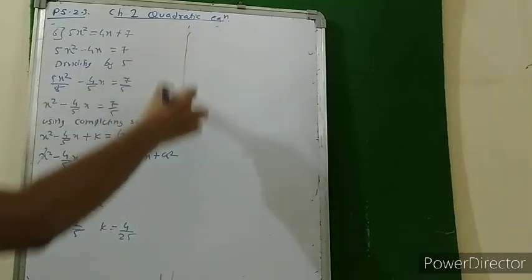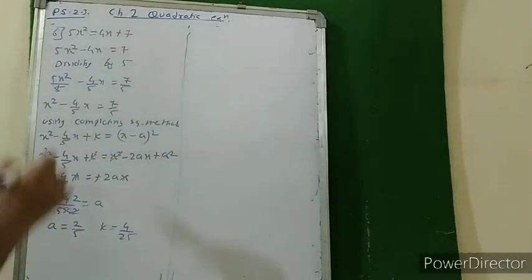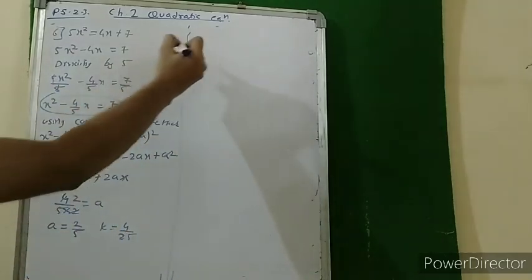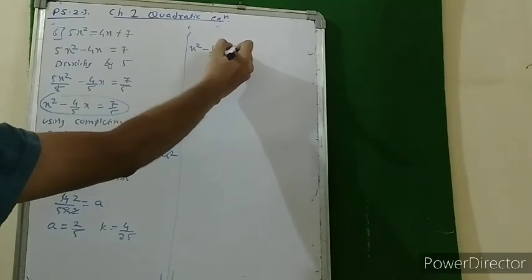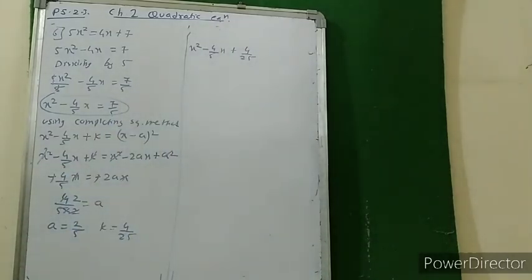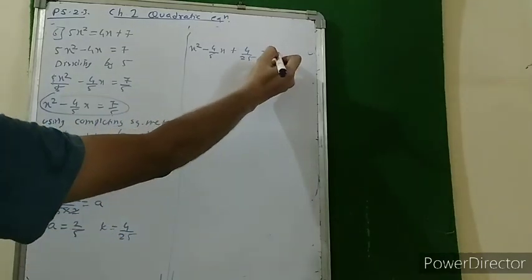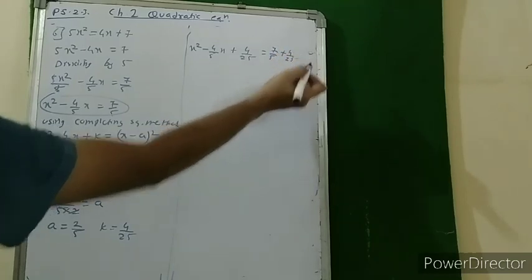Okay. Now we have this part, adding 4 upon 25 on both the sides. So we have x square minus 4 upon 5x plus 4 upon 25. Okay. And in the RHS, what is there in the RHS? 7 upon 5 plus 4 upon 25.